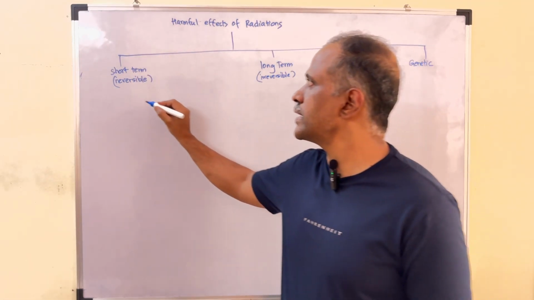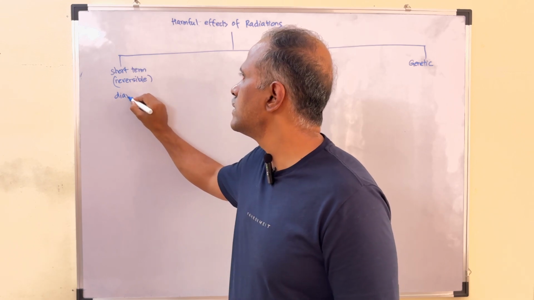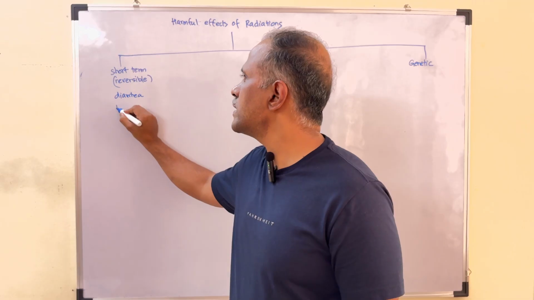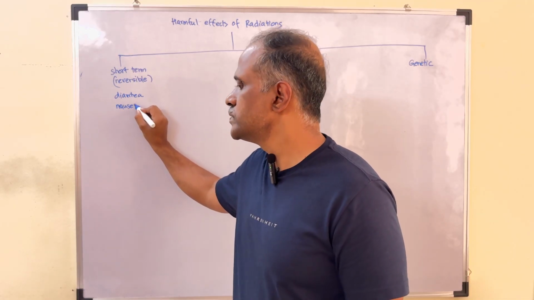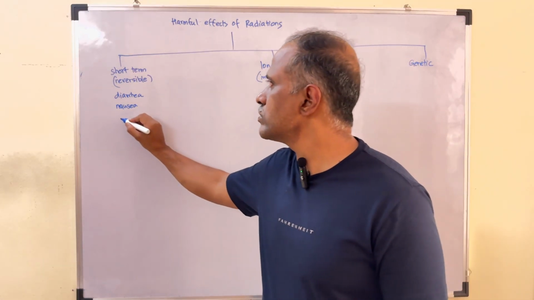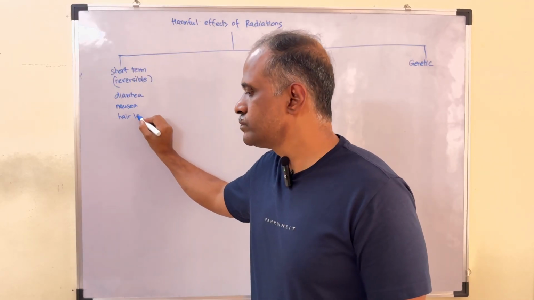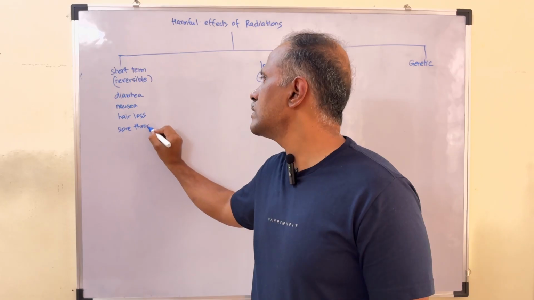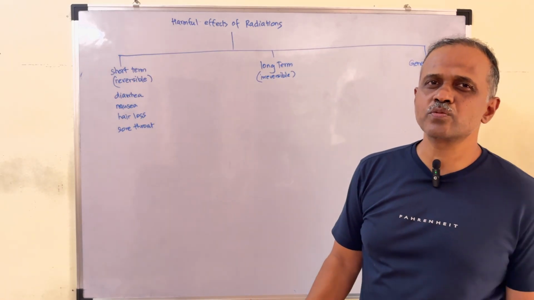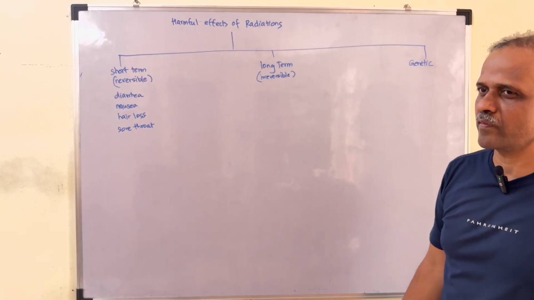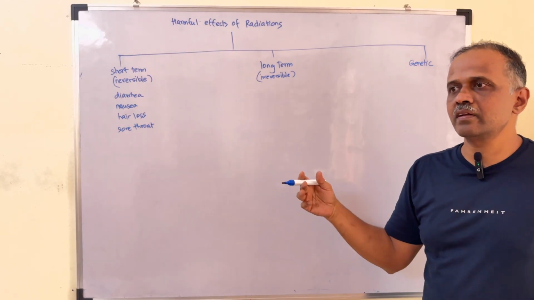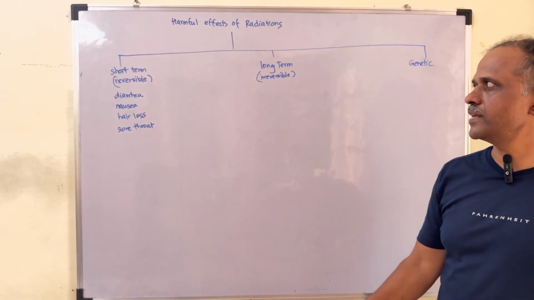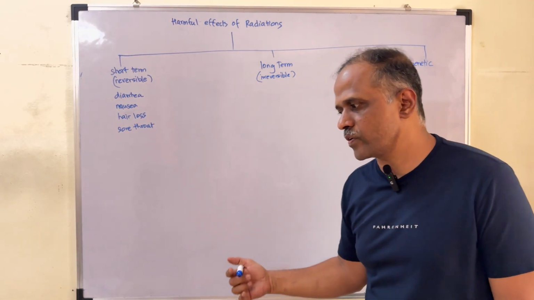As you know, the first thing is diarrhea, nausea, then hair loss or sore throat. These are the effects when we are exposed to nuclear radiation for a small amount of time. After we are away from that, these are reversible in nature. It only happens during a short period of time.